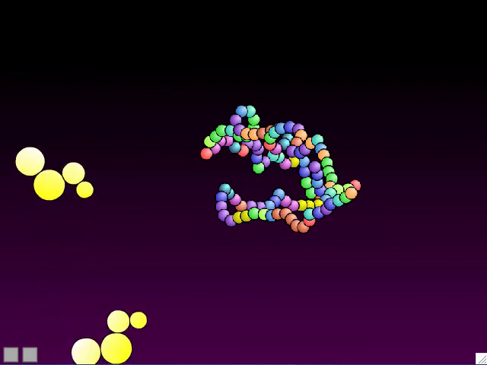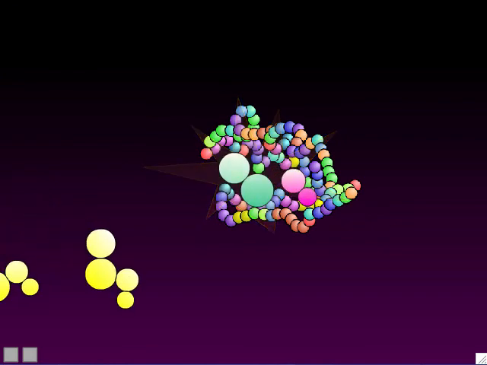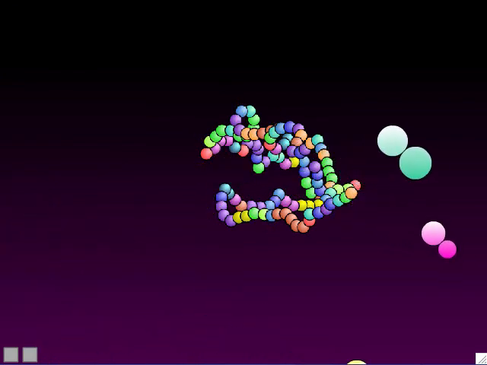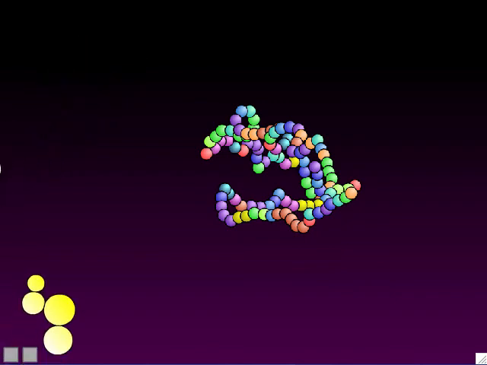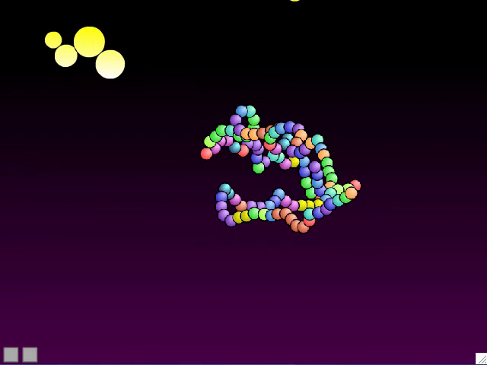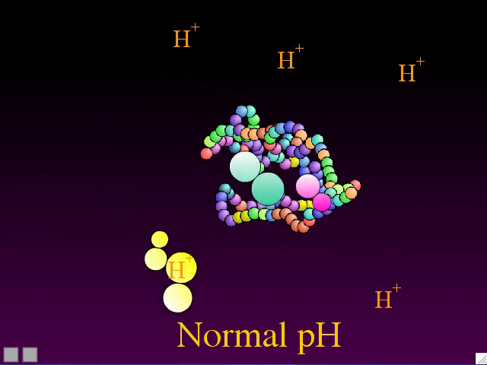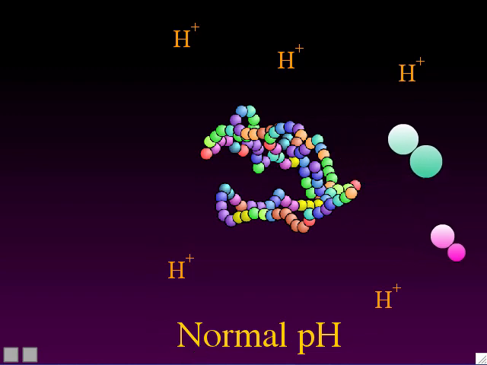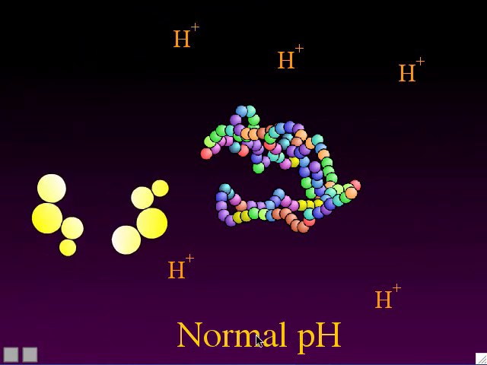Well, one of those environmental conditions is the pH of the enzyme's environment. And we talked about pH earlier in the semester. The pH is basically a way of talking about the hydrogen ion concentration of a liquid. And so let's say that this enzyme is at its normal natural pH.